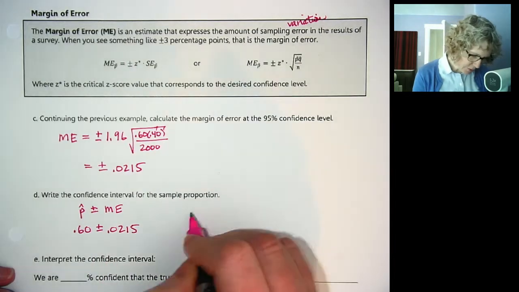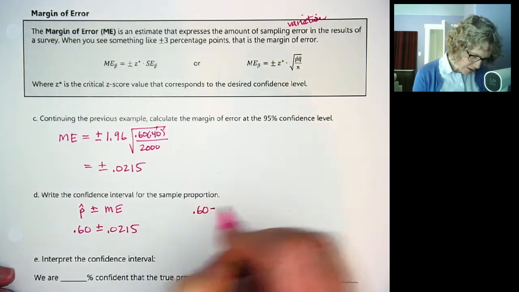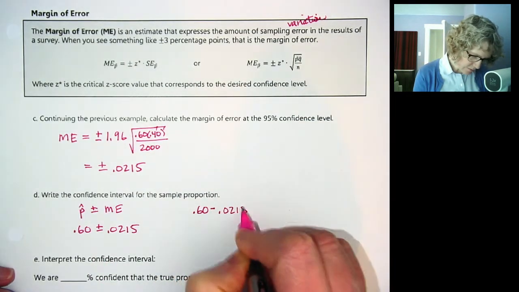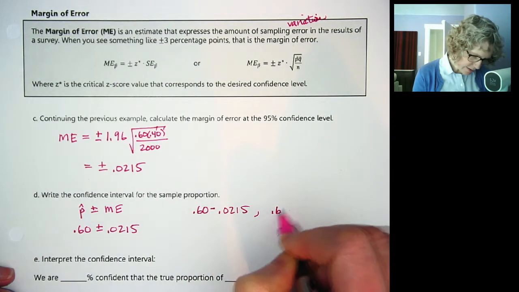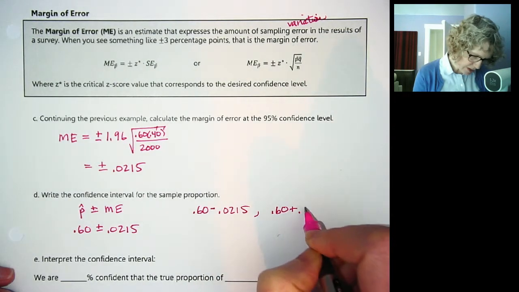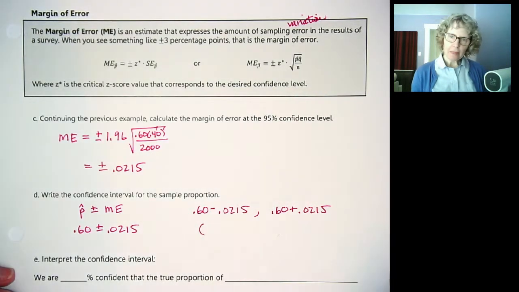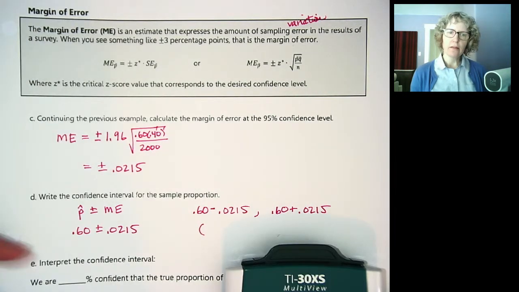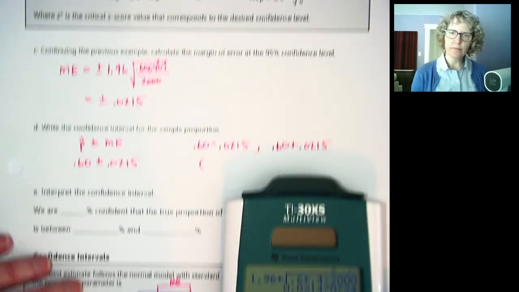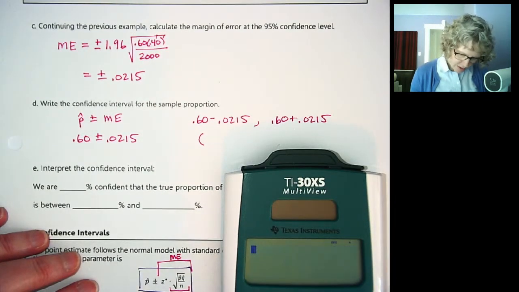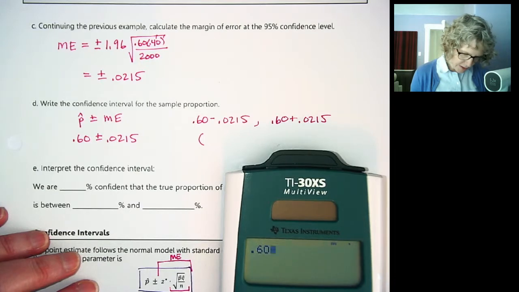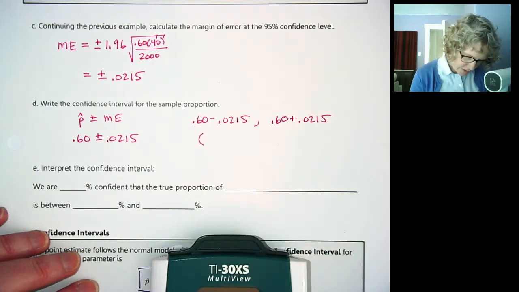Okay, so we're going to subtract first to get the smaller one, and then we're going to add to get the bigger end point. 0.60 minus 0.0215 is 0.5785.